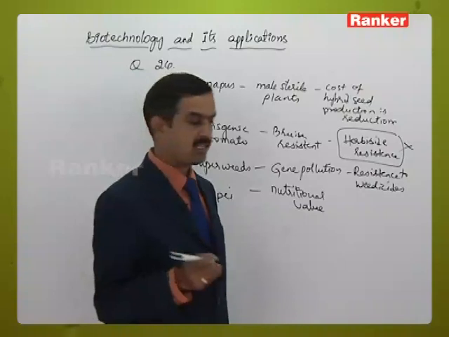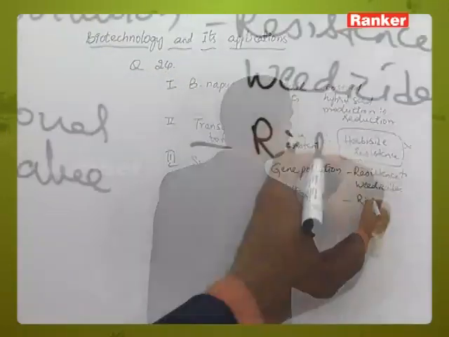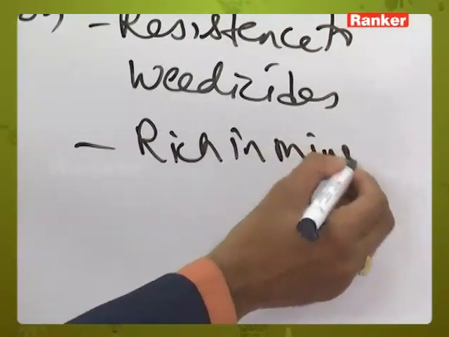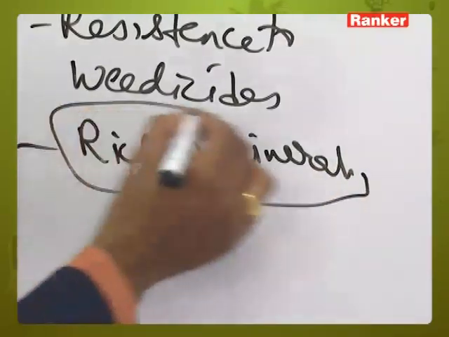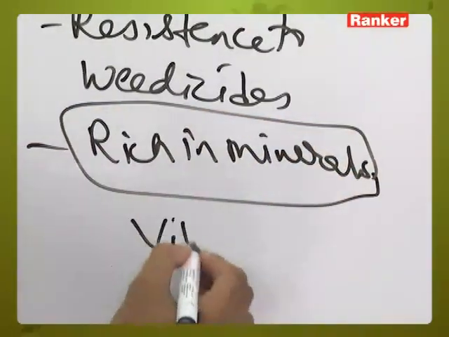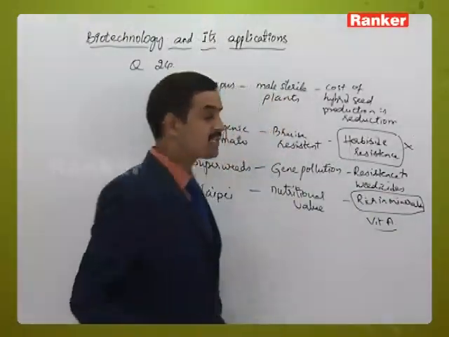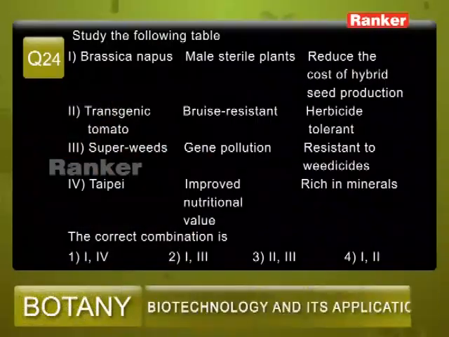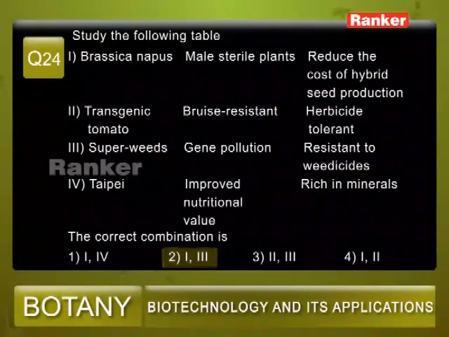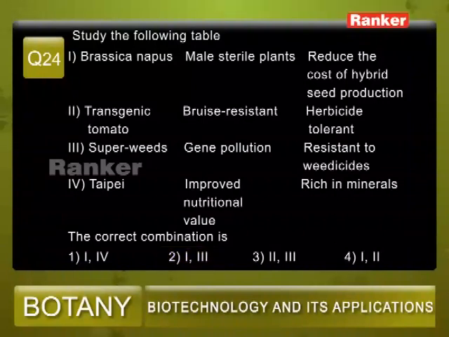But here it is given as rich in minerals, which is incorrect. In place of this it should be vitamin A. So from the given options 2 and 4 are incorrect, whereas 1 and 3 are correct. So question number 24, the correct combination is 1 and 3. Question number 24, the correct answer is 2.